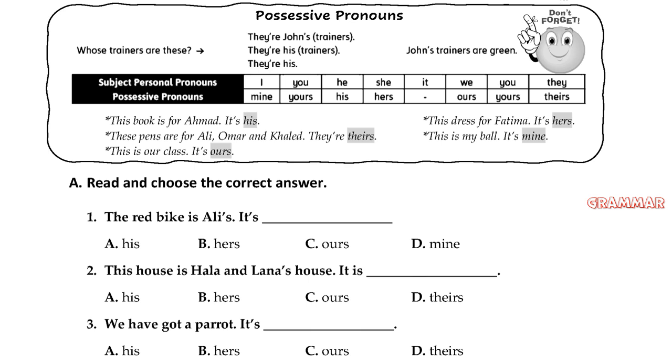Ali, he. So it's his. Two, this house is Hala and Lana's house. We are talking about two who own the house. Hala and Lana, I mean they, so it's theirs. Three, we have got a parrot. It's for us. It means it's ours.